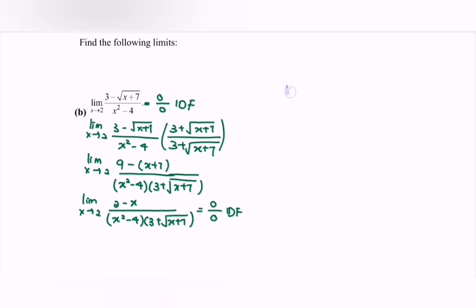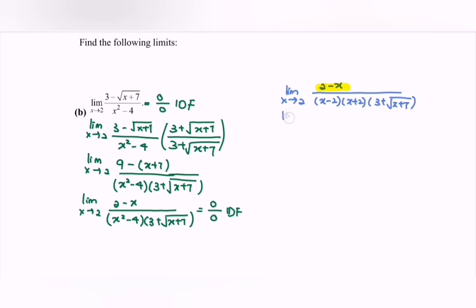The limit as x approaches 2, we have 2 minus x over... If we factorize x squared minus 4, we will have (x minus 2)(x plus 2), multiplied by (3 plus square root of x plus 7). Kindly focus on this part: we have to factor out the negative.